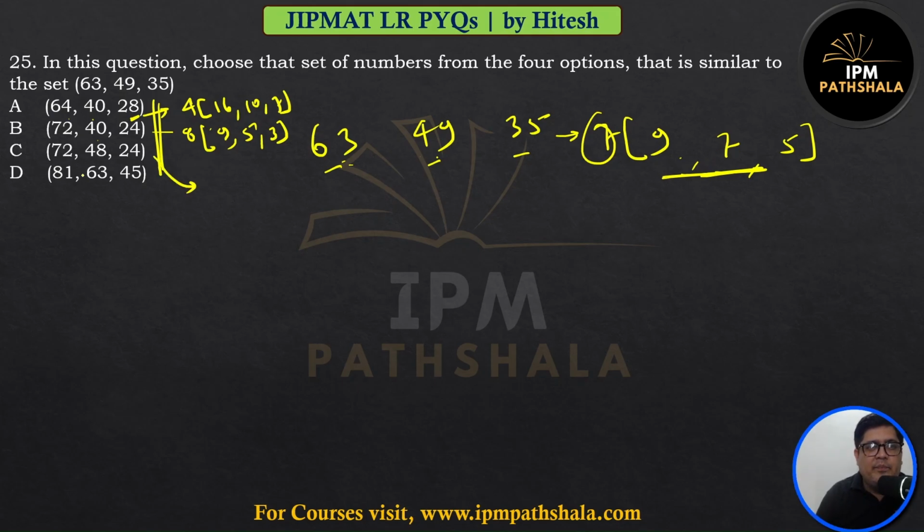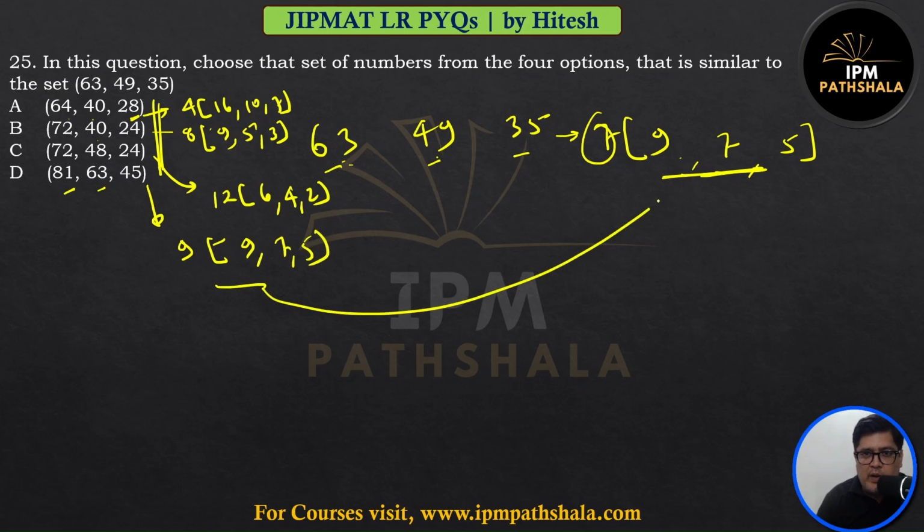This one, I might be able to take 12 common. 12 common 6 times, 4 times, 2 times. Nowhere near. In this, we have something common. Yes. If I take out 9 common, the first one is 9 times. This is 9 into 7. This is 9 into 5. So this one matches perfectly with our sequence.